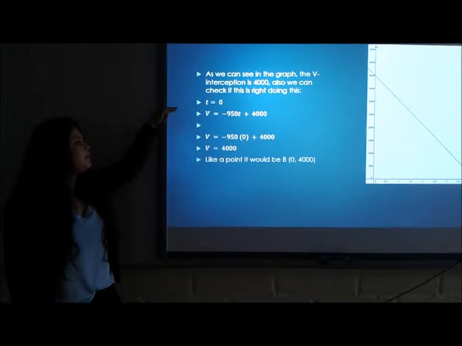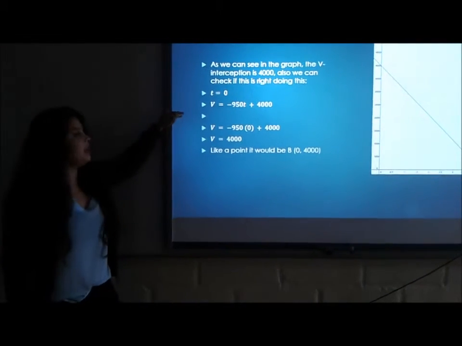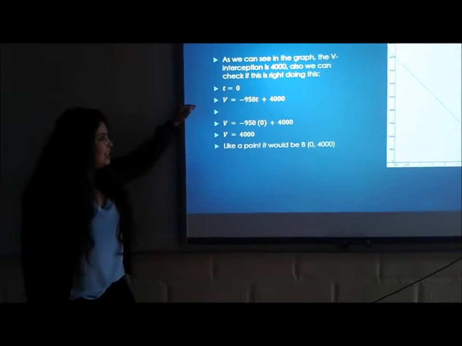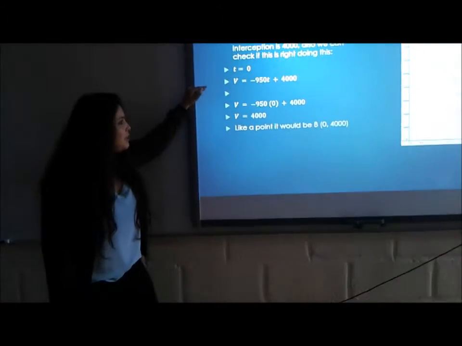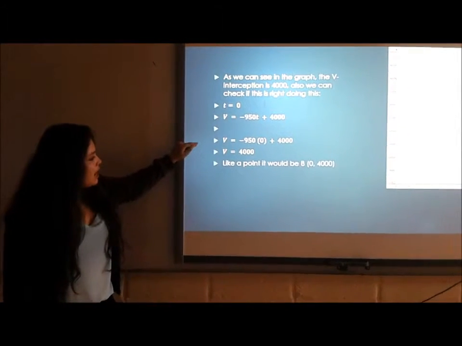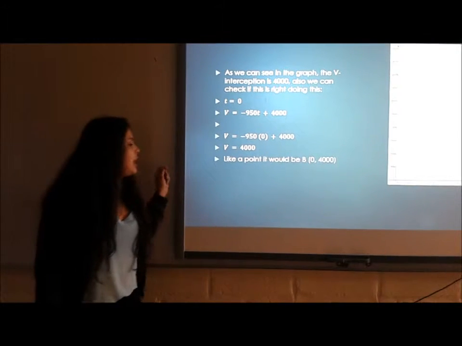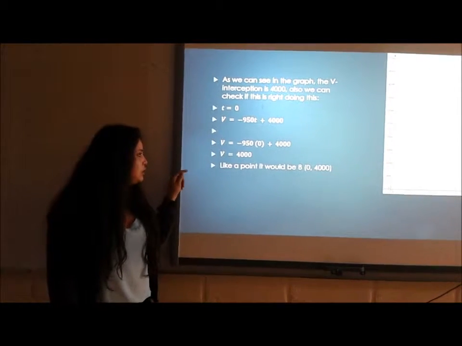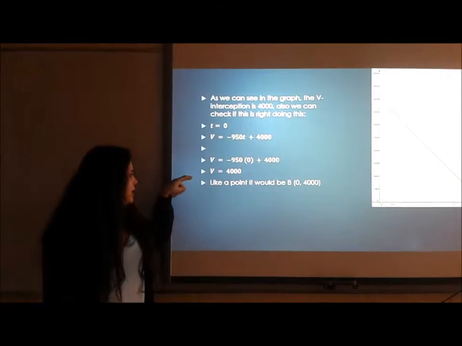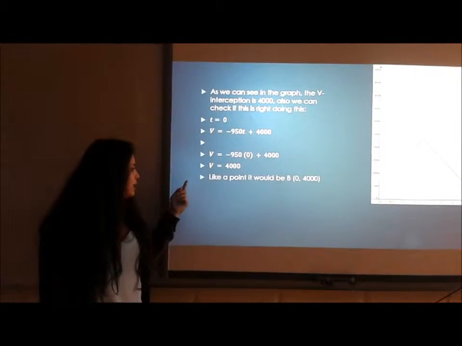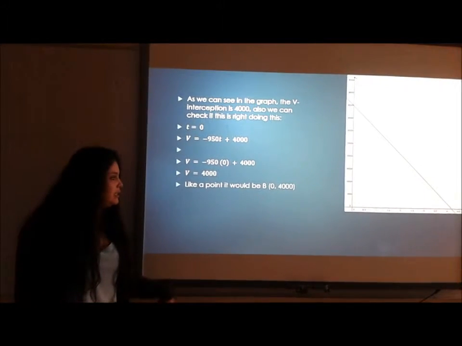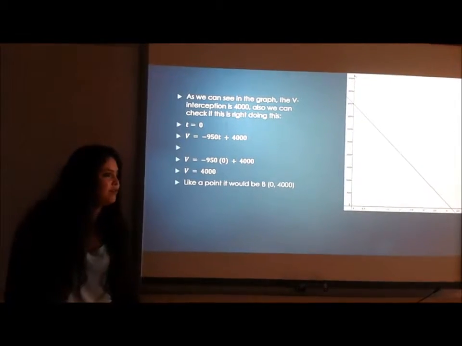The linear equation is b equal to minus 950 t plus 4,000. If t is substituted by 0 and we solve this, b is equal to 4,000. And as a point, it will be 0, 4,000.